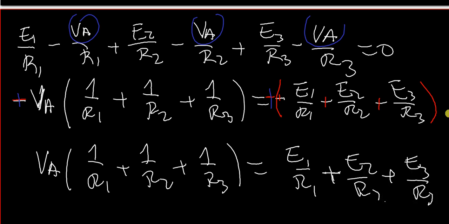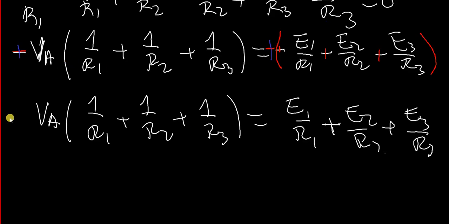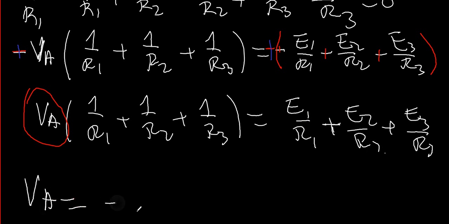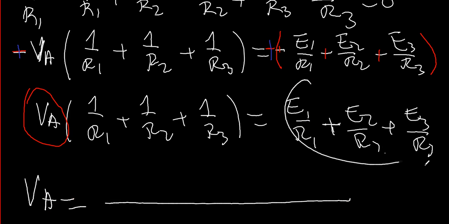So when we reach here now, what we are looking for is VA. We can keep VA on one side and divide all the terms by these other terms. So you will have that VA will be equal to all this element up there divided by all this other element.